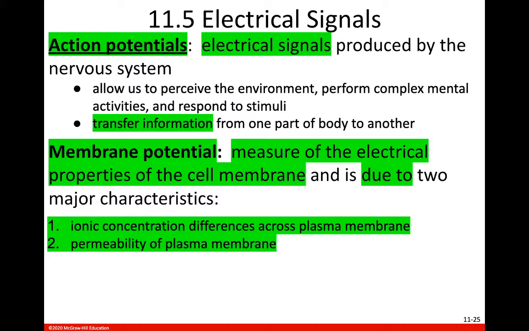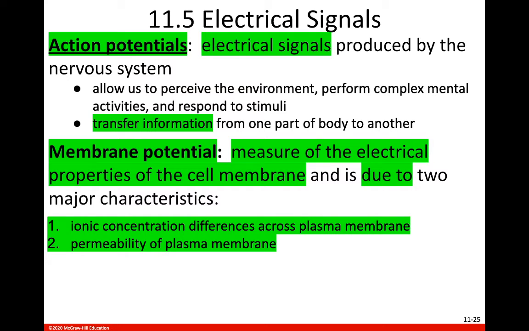But it's also the information that travels from our body to our brain to allow us to perceive our environment, to allow us to know if something is hot or cold or is hurting. And then of course, how our brain lets us respond to that by stimulating our skeletal muscle, also smooth muscle and cardiac muscle as well as glands, as we talked about yesterday.